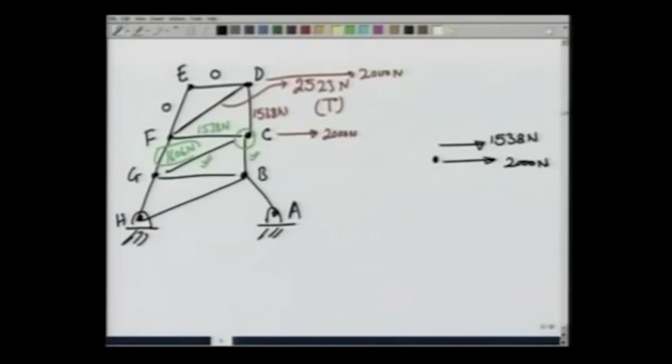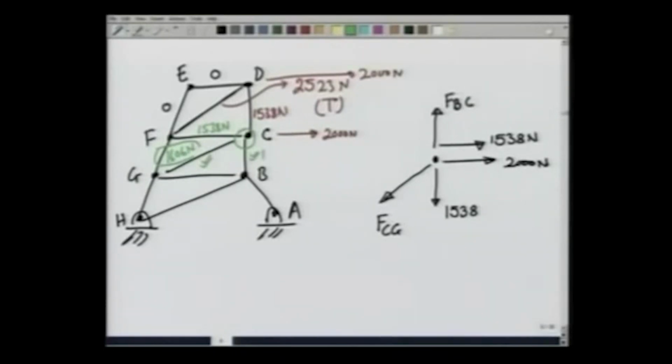Similarly, F_CD, which is a force which is pushing point D up, is going to push this point C down with 1538 newtons. Then in anticipation, we are going to have F_CG acting in this way and F_BC acting up. The two unknown forces here are, of course, F_BC and F_CG.